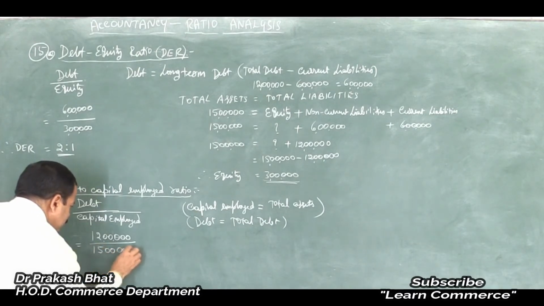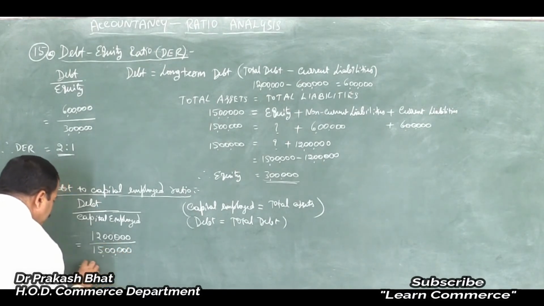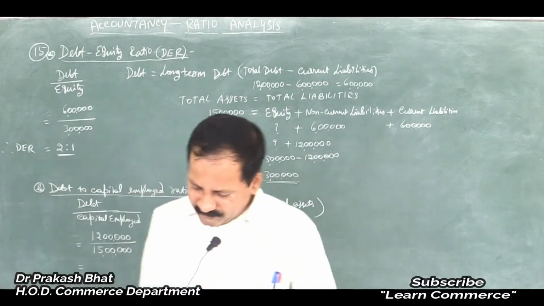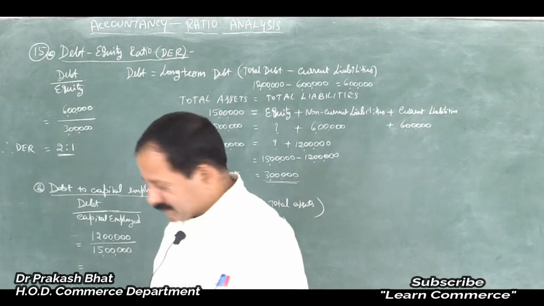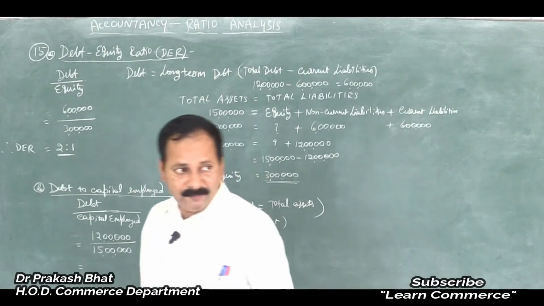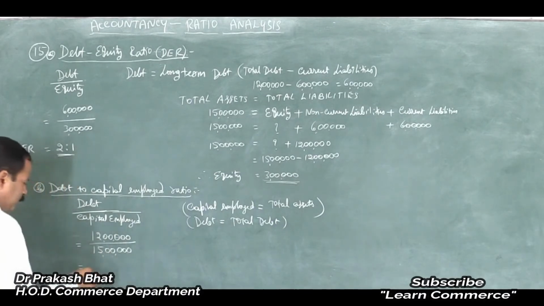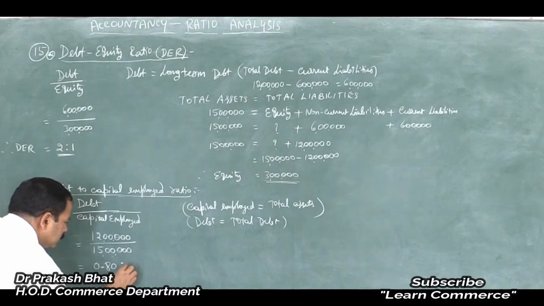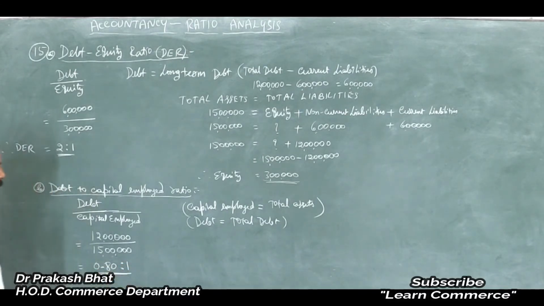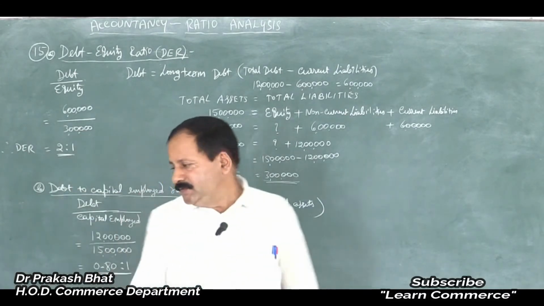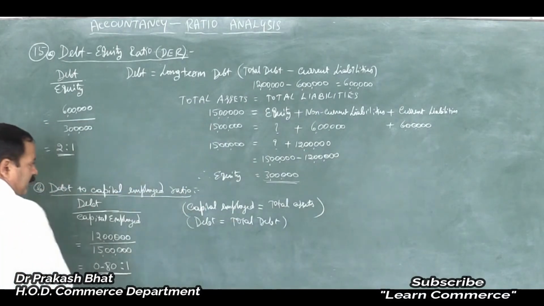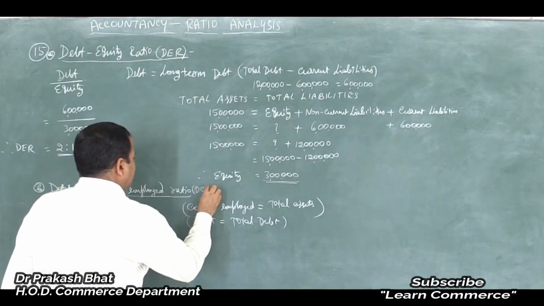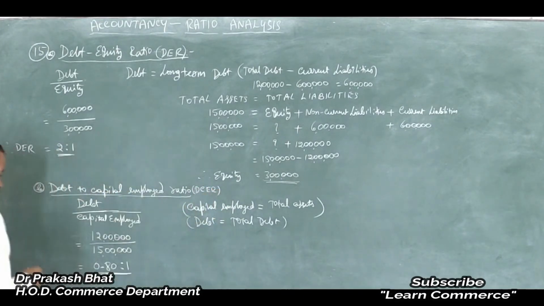That is equal to, not 1 point, it is 0.80 is to 1. 0.80 is to 1 is the debt to capital employed ratio, DCER.